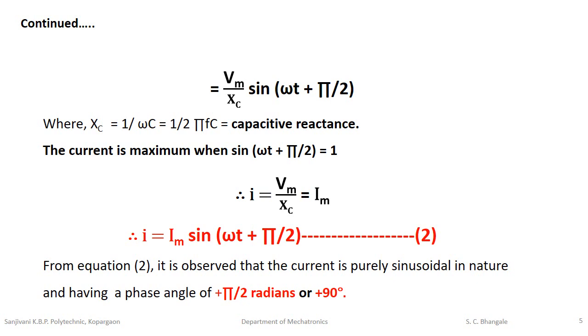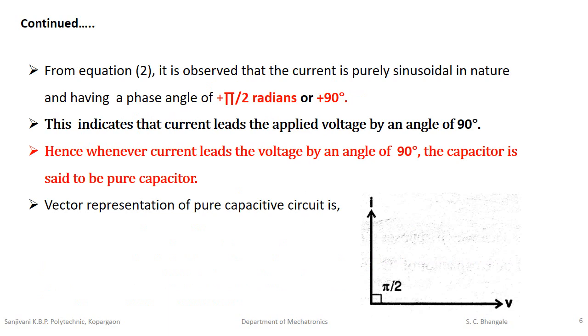From equation 2, it is observed that the current is purely sinusoidal in nature and has a phase angle of plus pi by 2 radians or plus 90 degrees.